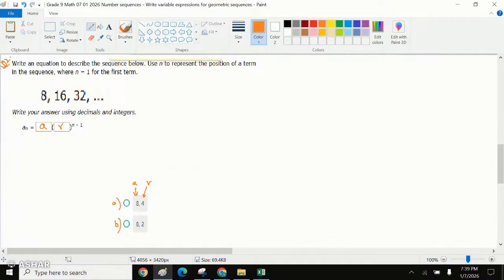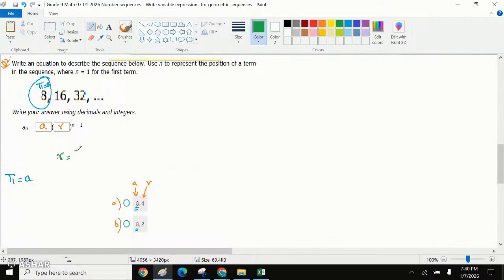We know that term 1 is always equal to A, and we can see that term 1 was 8. That means A should be 8, right? They both have a positive 8. So now it all depends on the ratio. How do we find the ratio?